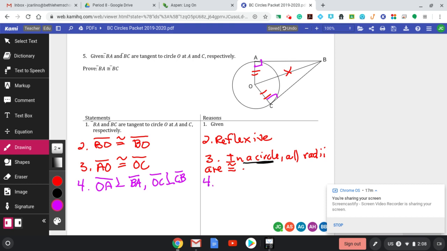So the theorem says radius drawn, and this is a little wordy, sorry, drawn to point of tangency is perpendicular to the tangent.